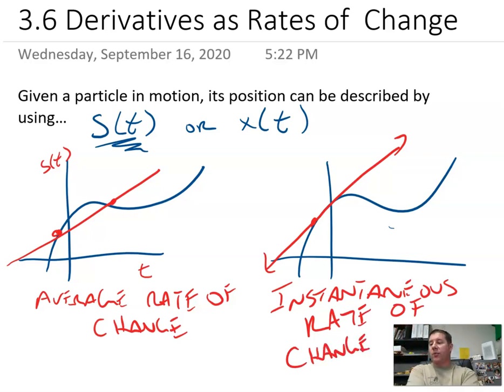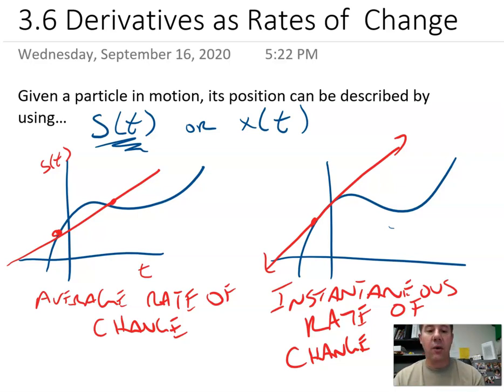Okay, so quick little review there. The slope of the secant line, S of b minus S of a over b minus a, just our slope formula, is the average rate of change or the average velocity. The slope of the tangent line, the derivative, S prime, is your instantaneous rate of change or the instantaneous velocity.